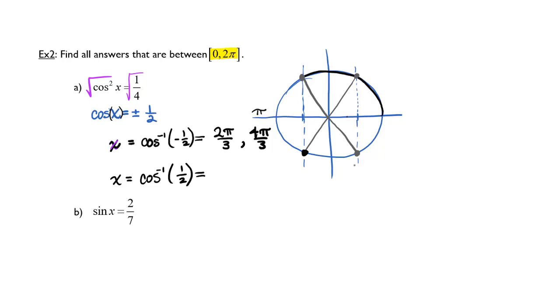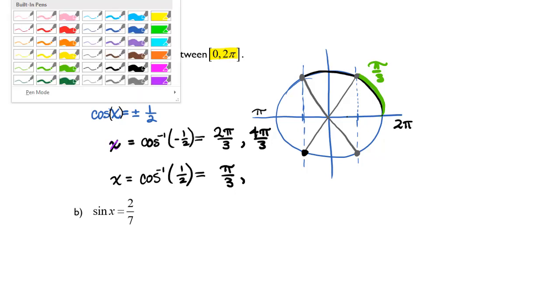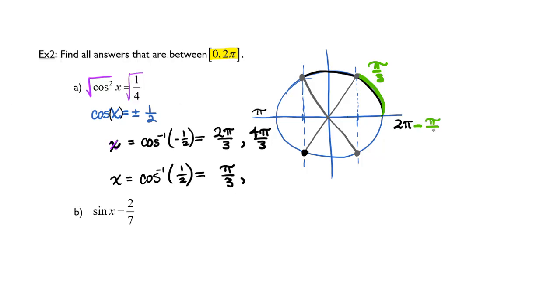For the positive angles, we would have pi over 3, and also we would go all the way around to 2 pi and then subtract pi over 3. Which would give me 5 pi over 3.